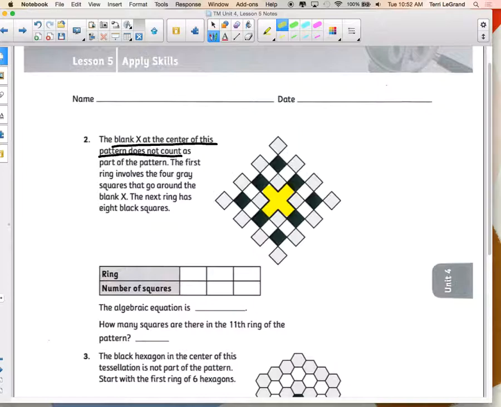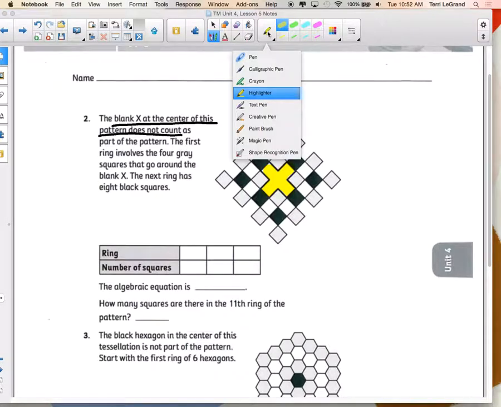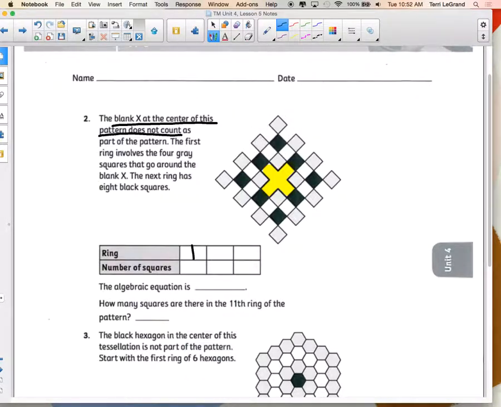Because now it says the first ring involves the 4 gray squares that go around the blank X. So we're going to go to our table and for ring 1, there's how many squares? The first ring involves the 4 gray squares that go around the blank X. So 1, 2, 3, 4, right?